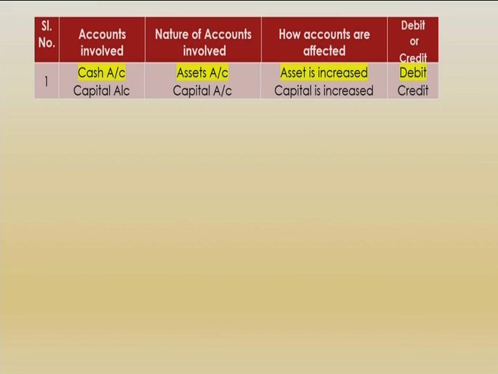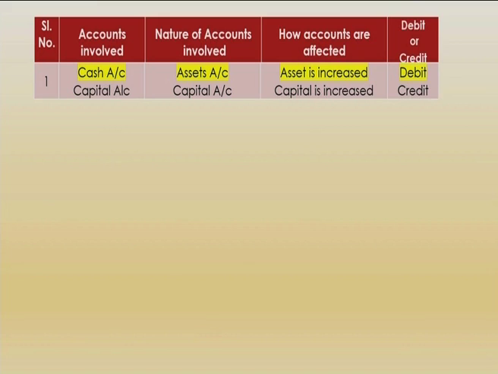First transaction, again, investment of capital by the proprietor. He brings in cash. When he brings in cash, it is an asset as per the accounting equation. So cash is increased in the business. Therefore, when there is an increase in the asset, it is debited. Second part is the capital account.